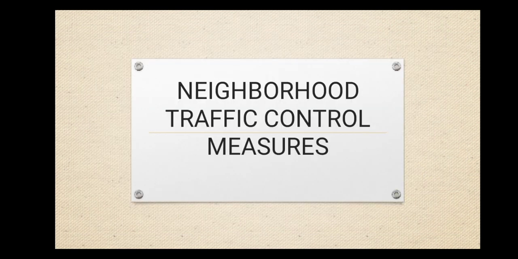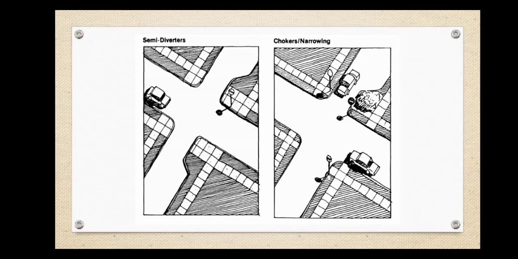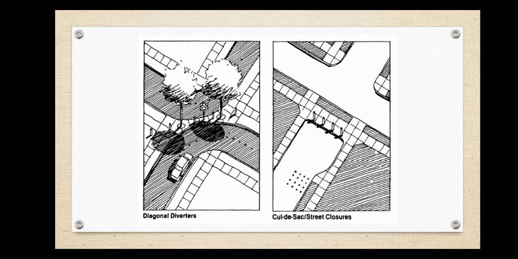That's all. And next is the neighborhood traffic control measures. So we have these semi diverters, the chokers or narrowing, the diagonal diverters, and cul-de-sac or street closures.